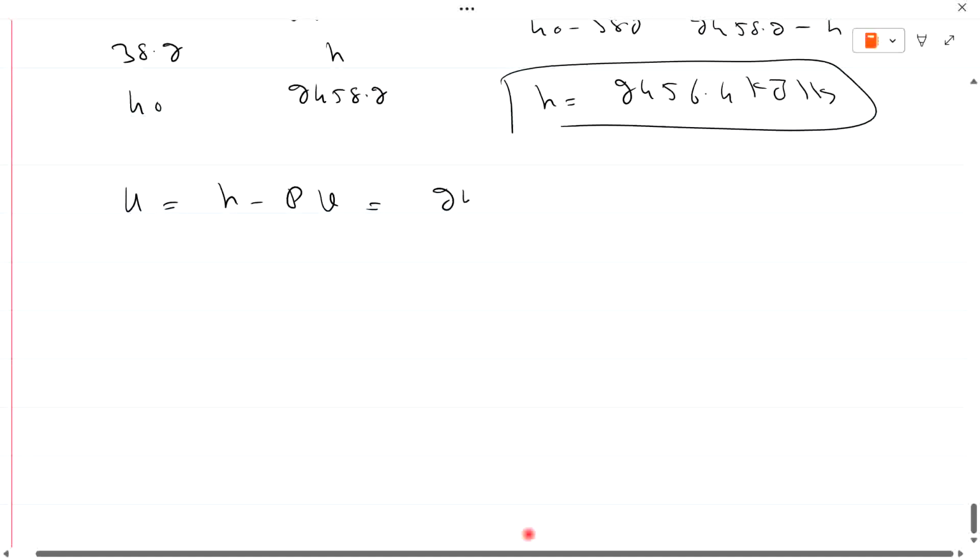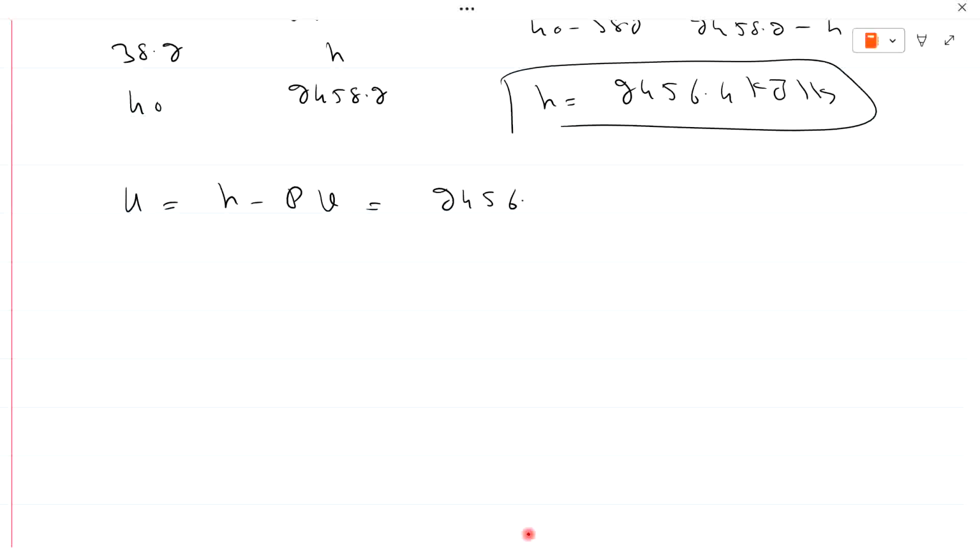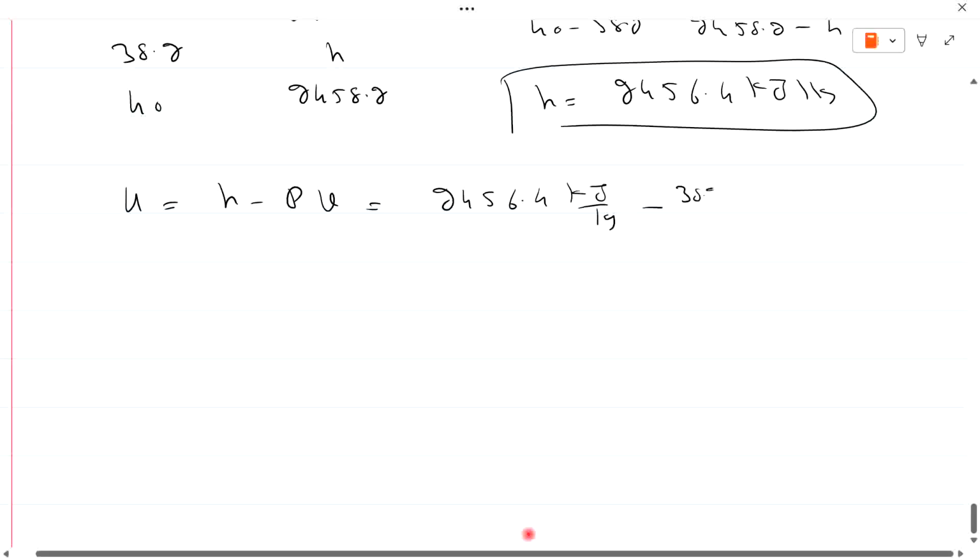The value of H is 2456.4 kilojoule per kg minus P times V. Pressure is 38.2 bar. Convert bar into Newton per square meter.